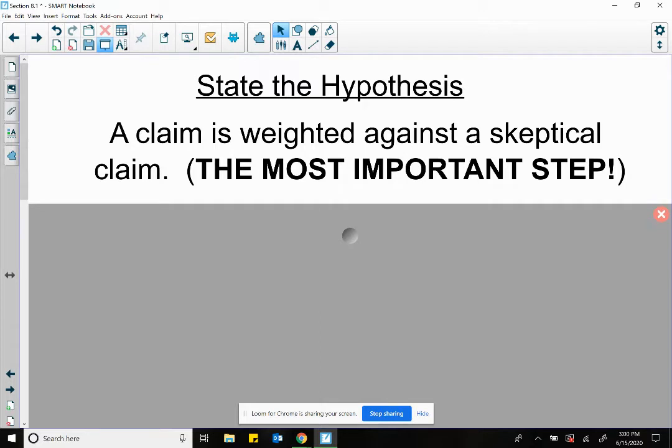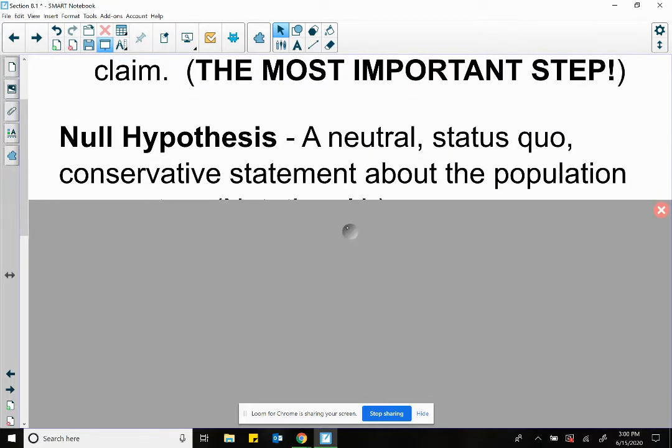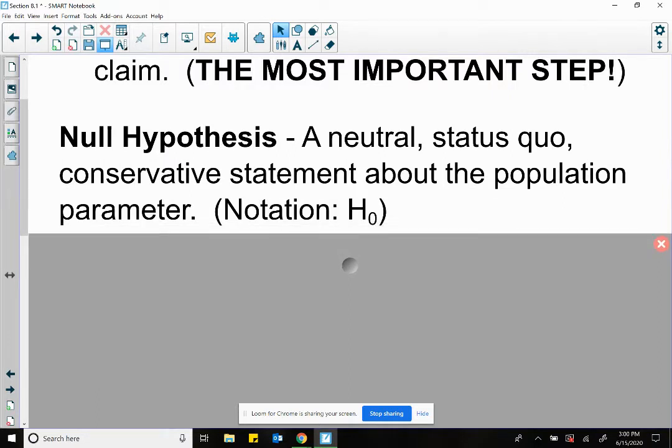All right, and these 2 claims, they have names. We call the first claim the null hypothesis. Okay, the null hypothesis, and we write it as a capital H with an O down here. It's like a 0. We call this H naught.